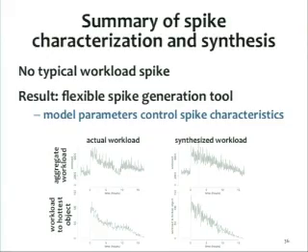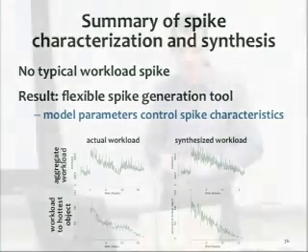Now, to summarize this part, we first performed spike characterization, where we looked at 5 different spikes and concluded that there's no typical spike and they vary significantly. In the second part, we designed a workload generation tool that lets us flexibly adjust the spike parameters, and this is much better than all the workload generation tools out there that don't really let you add spikes to workloads.